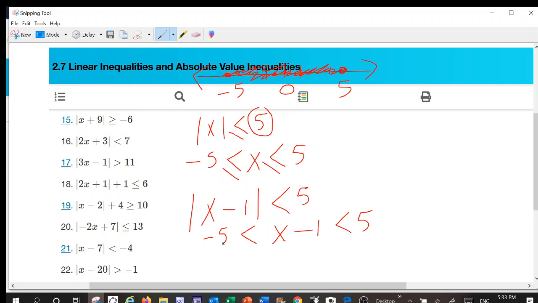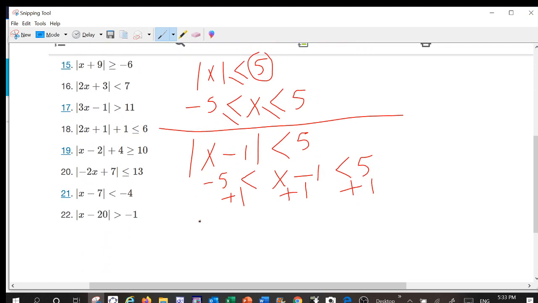And then we isolate x in the middle. To isolate x in the middle, we add 1 to all three sides. And x in the middle, 6, and negative 4. So the solution would be all the numbers between negative 4 and 6.